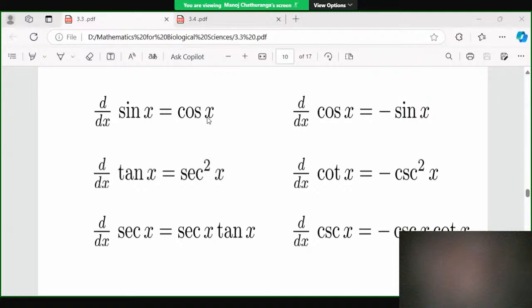The derivative of sine is cosine, for cosine minus sine x, for tan it is secant square, for cotangent minus cosecant square, for secant, secant times tangent, for cosecant minus cosecant times cotangent. You don't need to memorize this table. If you can memorize it, it's great, but you don't necessarily need to. You can construct it. Whenever you want the derivative of, let's say, secant, think of it as 1 over cosine and apply the quotient rule.